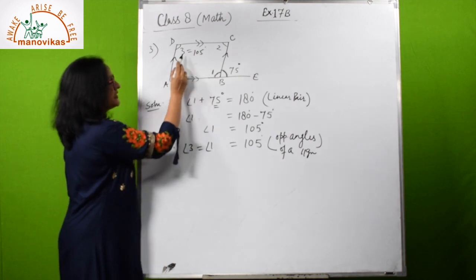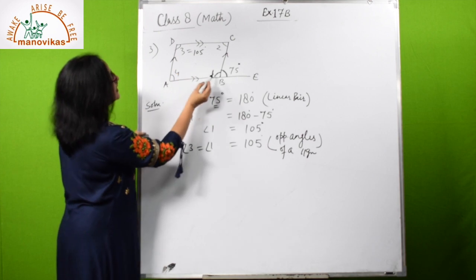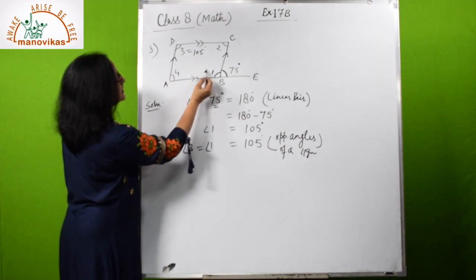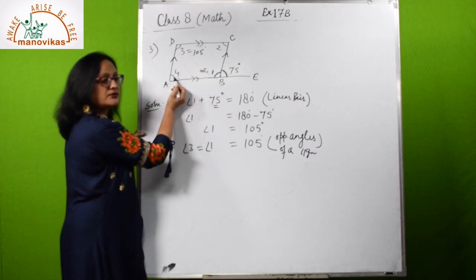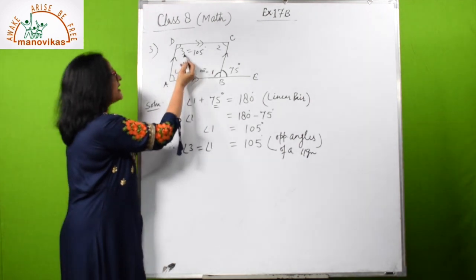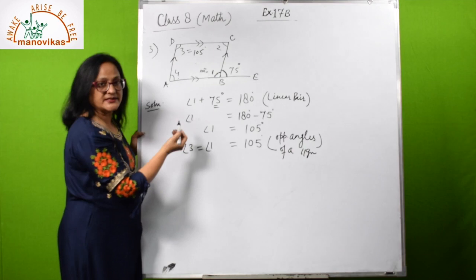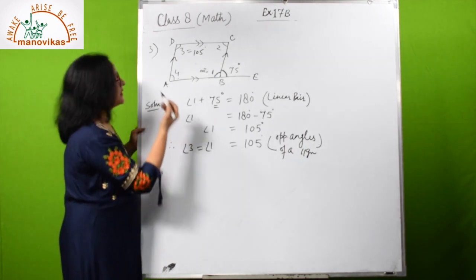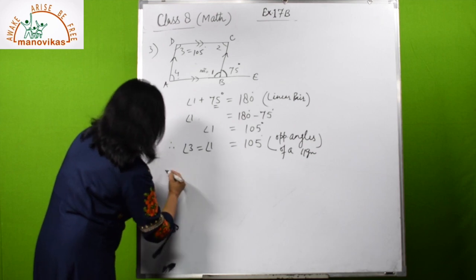Now you can make the connection with other unknown angles. So how you can make the connection? Either you make the connection with this angle 1, this is also 105, or you can make the connection with angle 3. So angle 1 and angle 4, they are adjacent angles. Similarly angle 3 and angle 4, adjacent angles. Angle 1 and angle 2, adjacent angles. So any one combination you can take. So I am taking angle 4 and angle 1.